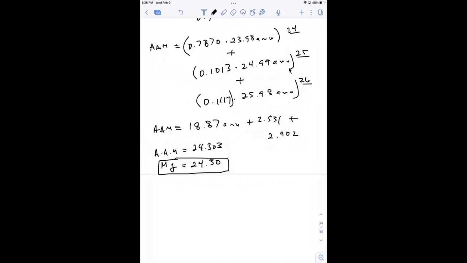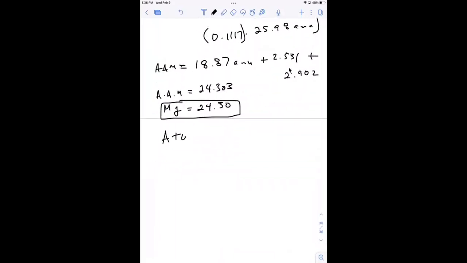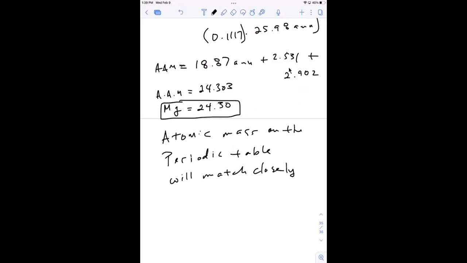All right. So when we take these average masses, the atomic mass on the periodic table is going to be closest to the isotope in the highest abundance. So let me write that down. It's going to closely match the isotope with the highest abundance.